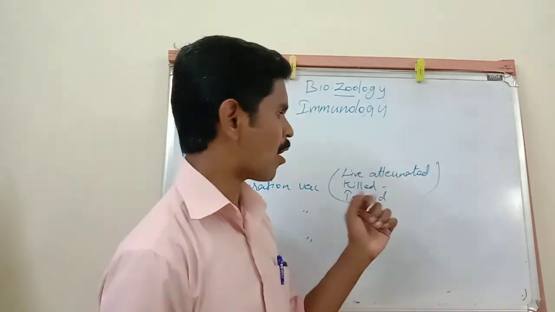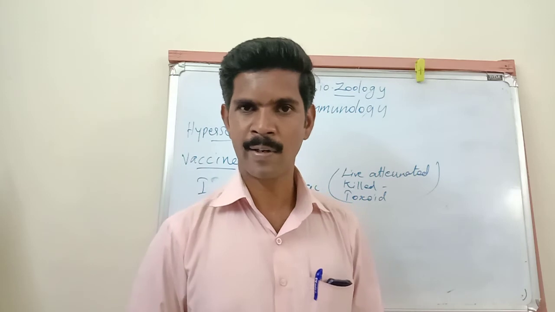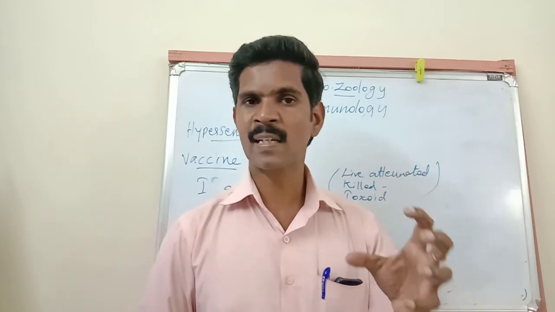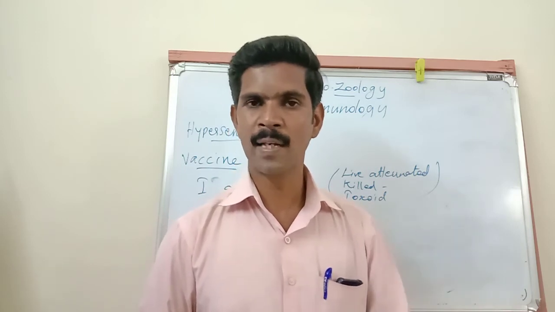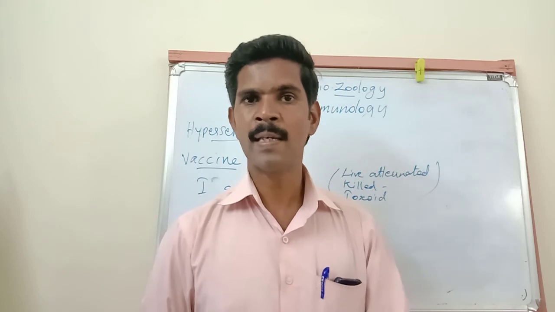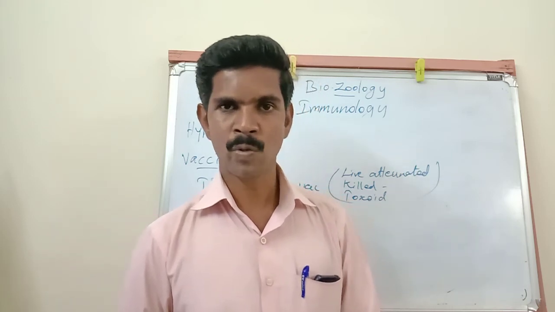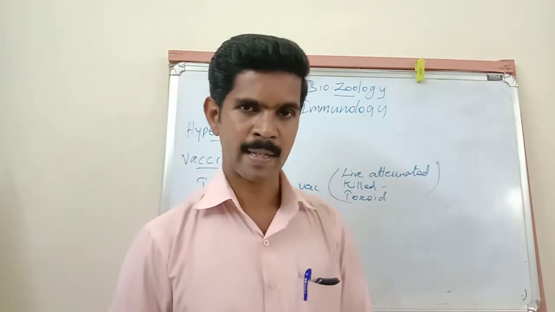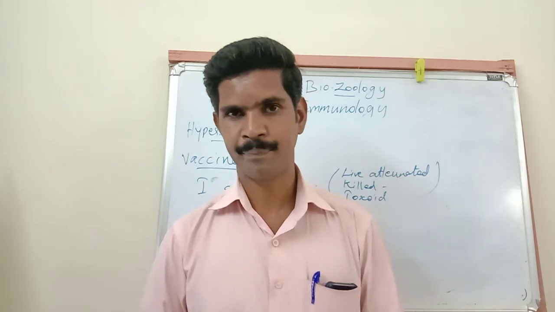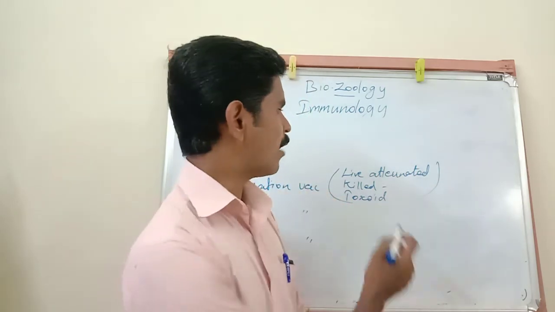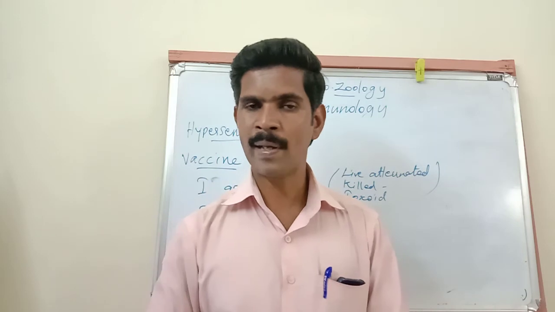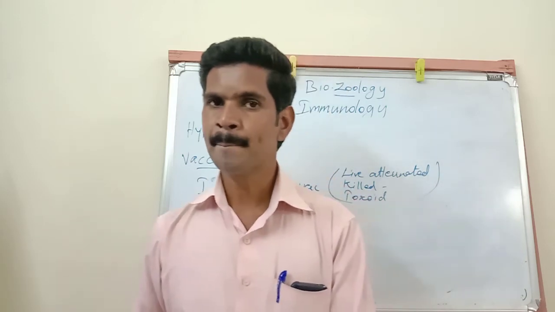And the third one is toxoid vaccine. Toxoid vaccine means the toxins or the chemicals obtained from the microorganism are used as a vaccine. So those vaccines are called toxoid vaccine. Example DPT.